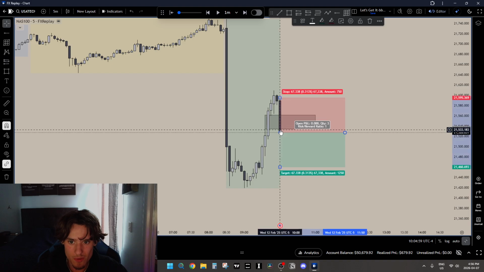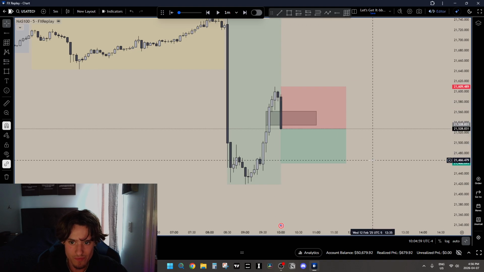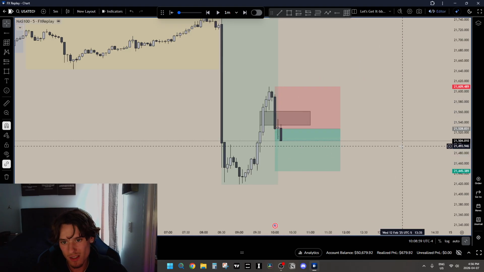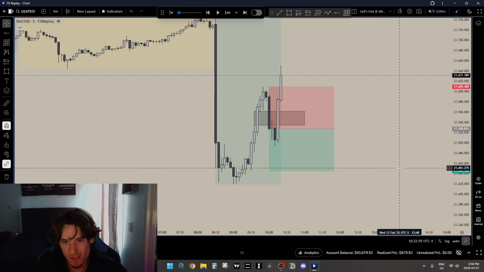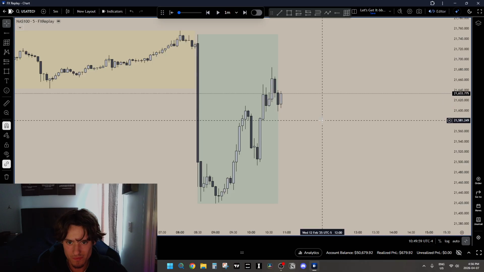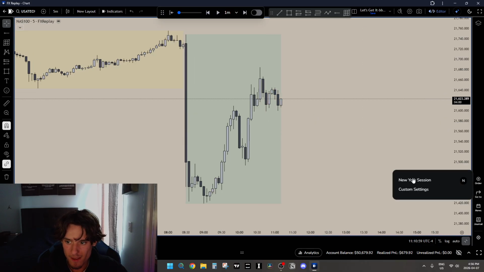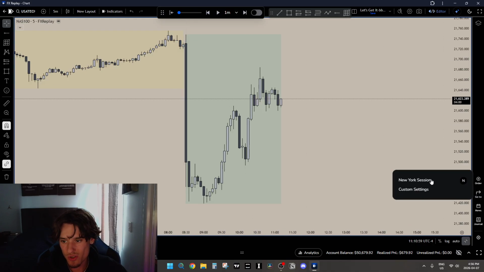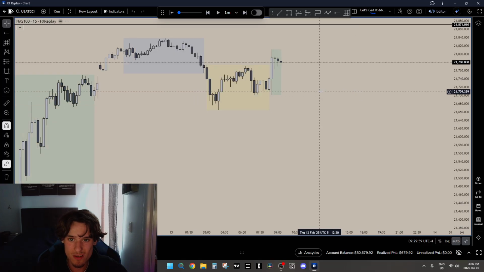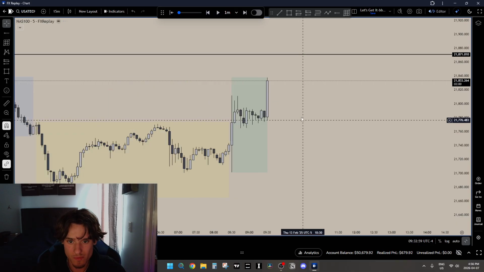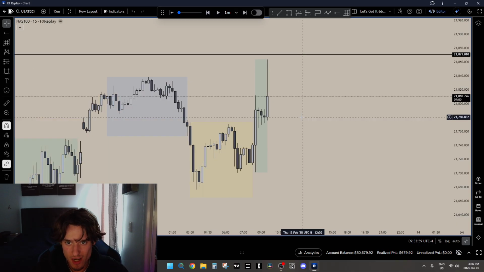I wouldn't take it, but it's nice. Yeah. Would have hit stop loss anyways. Bro, whenever you have big wicks like this, especially 285 point moves, rather not even be trading on the market that day because that shit happens.